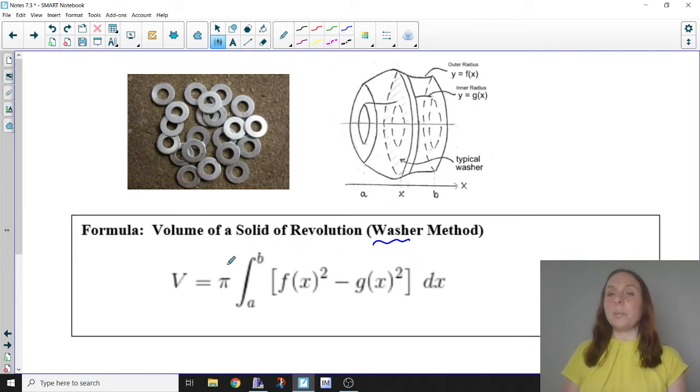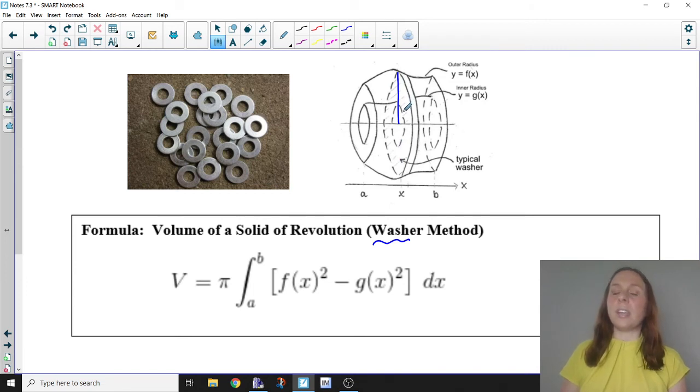So it looks really similar to the formula that we use for disk method, right? Pi integral something squared dx, right? But that something squared is actually the upper function squared minus the lower function squared. And that comes from the fact that you are going to have a radius from your axis of revolution up to the upper function. But then that's going to tell you the area of this entire region, if you're just taking the circular part.